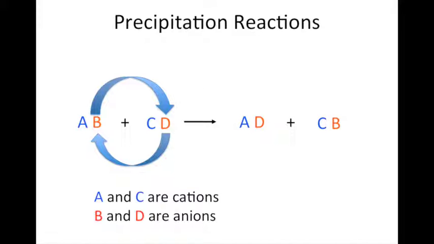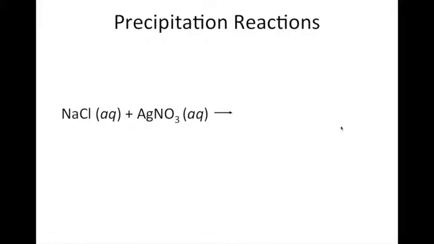When that occurs, you end up with cation A pairing with anion D, so you form AD, and you have cation C combining with anion B. And again, if at least one of these is insoluble, then you have a precipitation reaction.